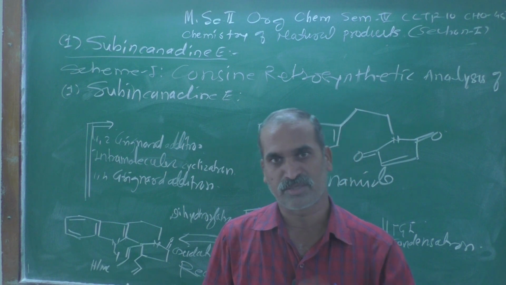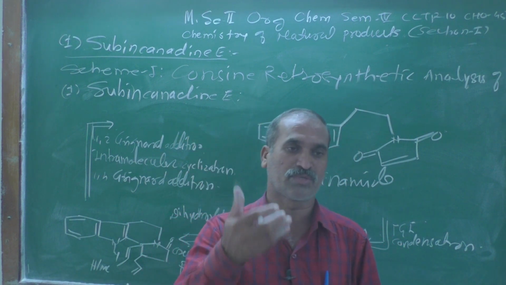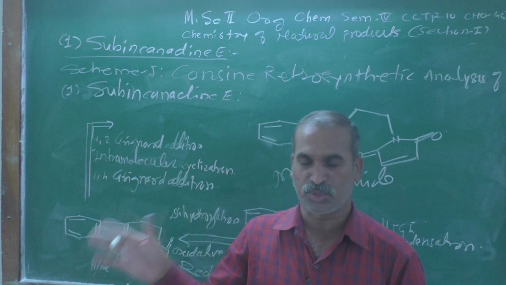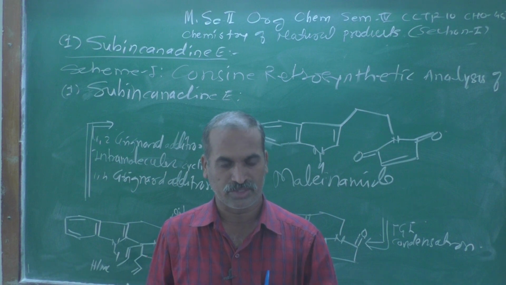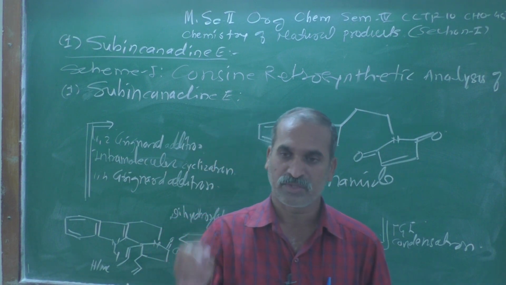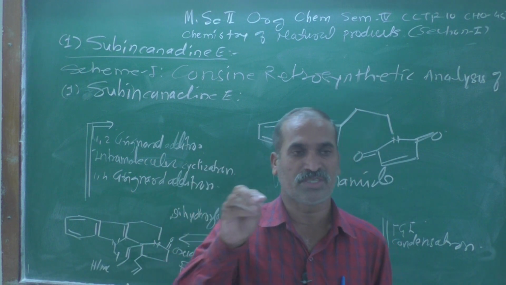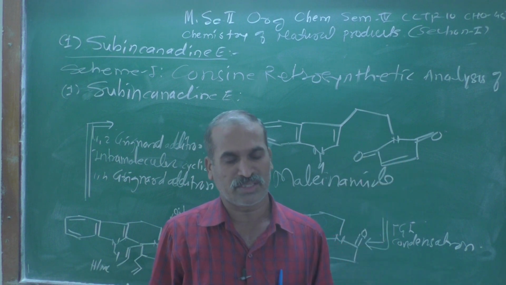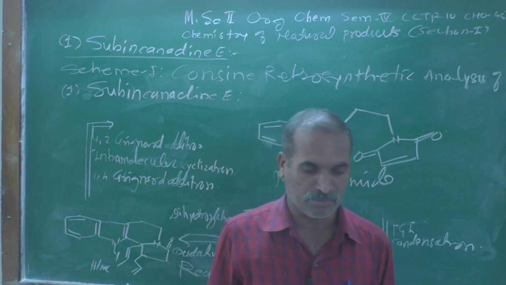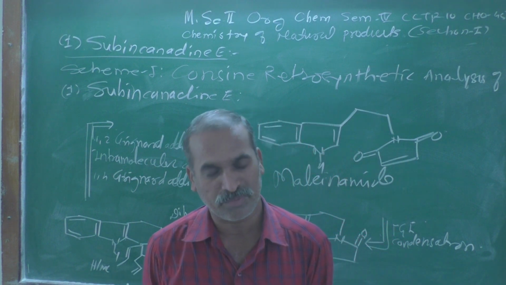Sometimes it is written as functional group interconversion, which means one functional group is converted into another. You can do this many times as you wish, but finally you get the starting material which is readily available, and by using this precursor we can get our target molecule, sabine canadine E.